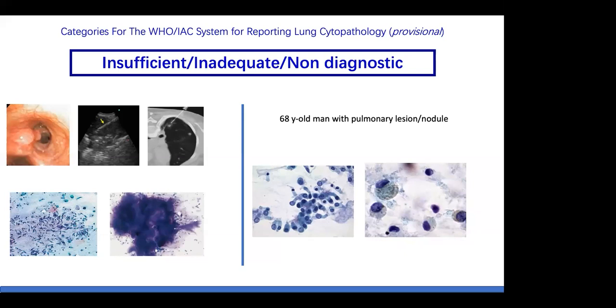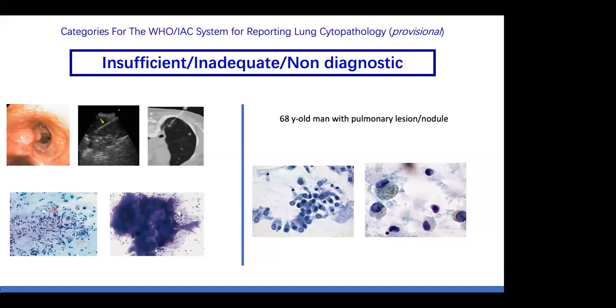This is clearly insufficient material, because the lesion was there and you are not seeing any pathologic alterations. So you can really say this is an insufficient or non-diagnostic material.